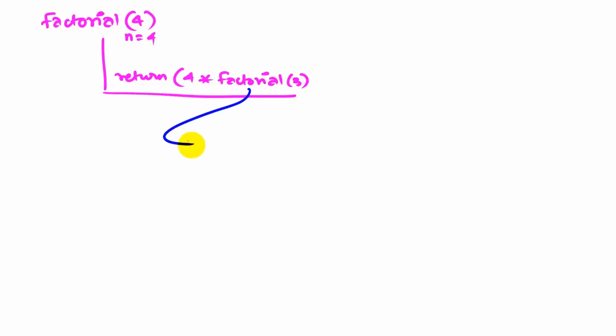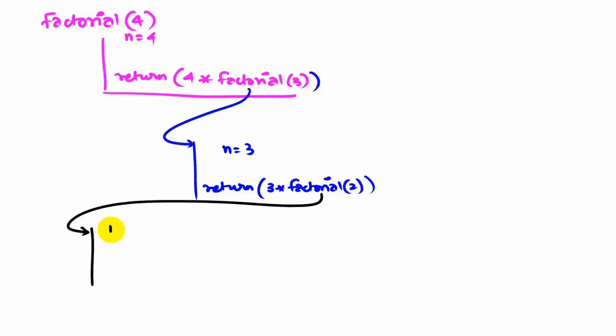This is going to result in another call where n equals 3, which is going to result in a statement which says 3 times factorial of 2, which in turn is going to result in a call with n equals 2, which returns 2 times factorial of 1.